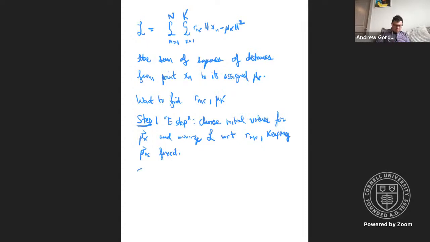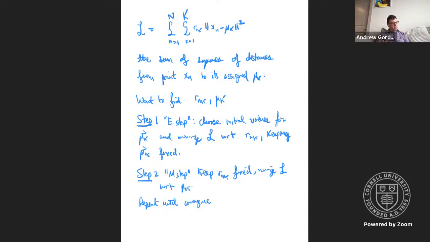And then in step two, which is called the M step, we keep Rnk fixed and minimize L with respect to mu k. And then we repeat these steps until convergence using the latest values of these parameters.